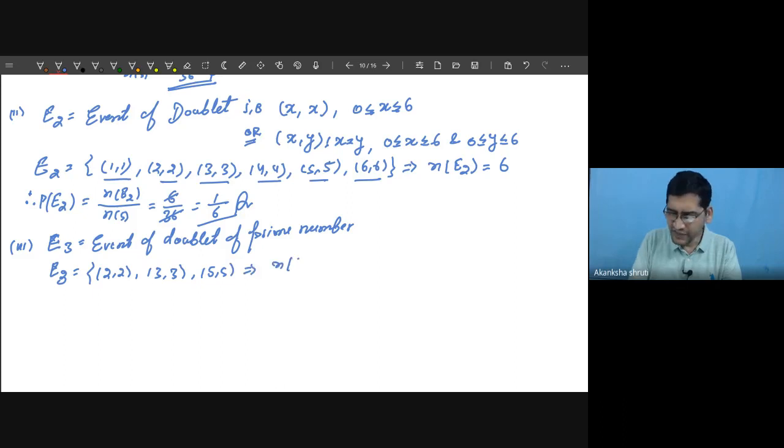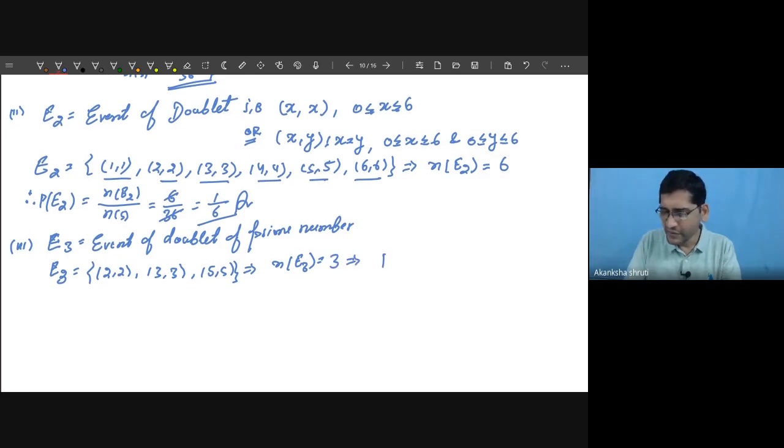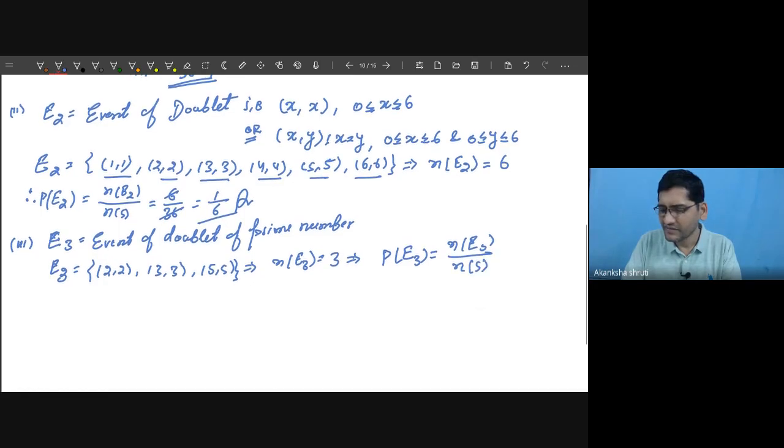So how many members are there in this group? Only 3. So this implies probability of event E3 can be written by choosing NE3 by NS. It is our 3 by 36.